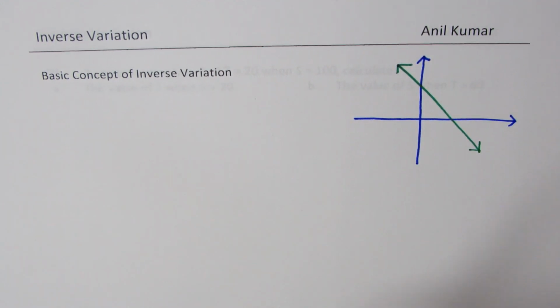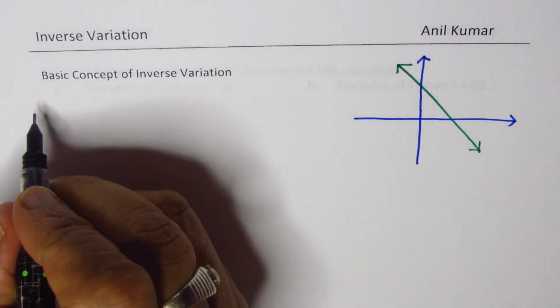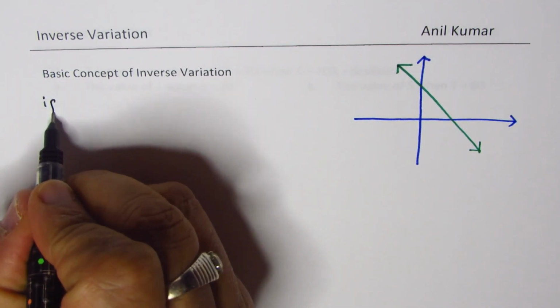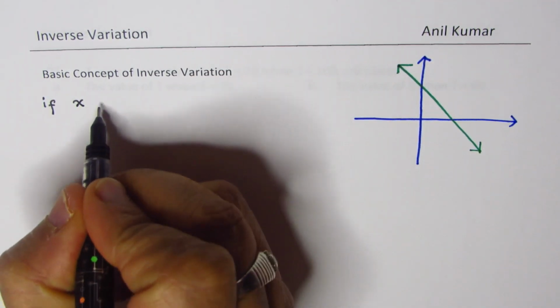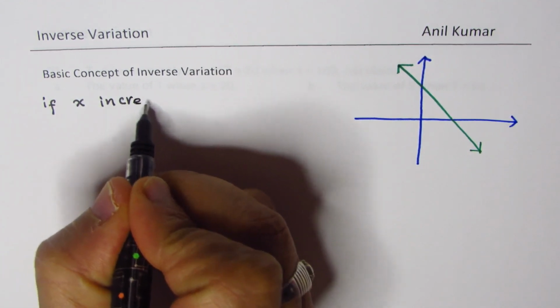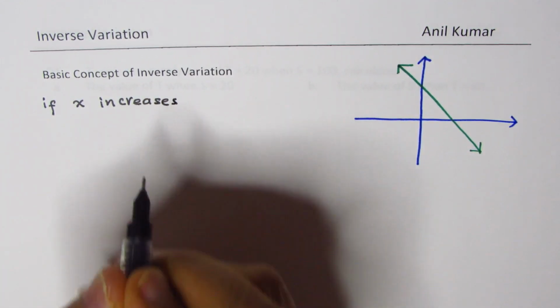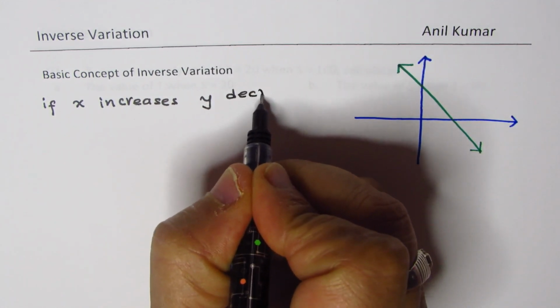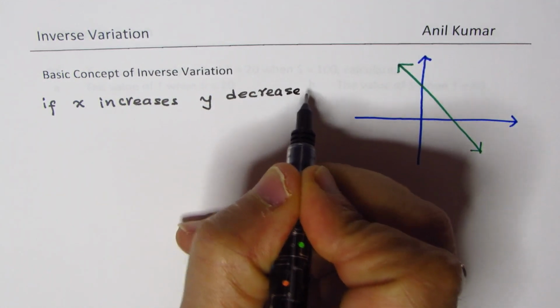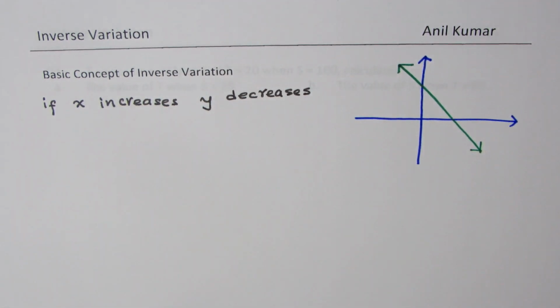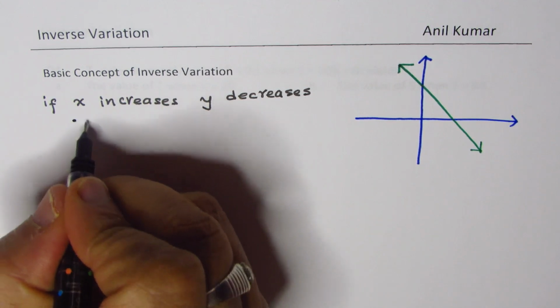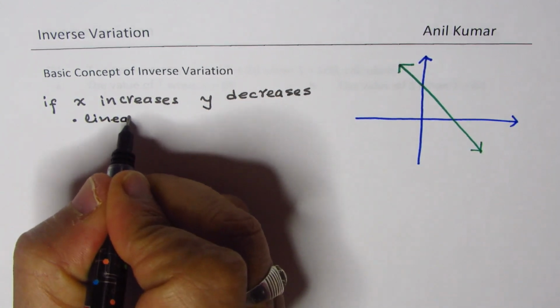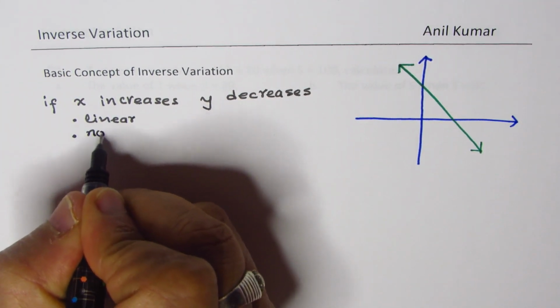When we say inverse variation, in general we say if x increases, y decreases. So that is what inverse variation is. It could be linear, it could be non-linear.